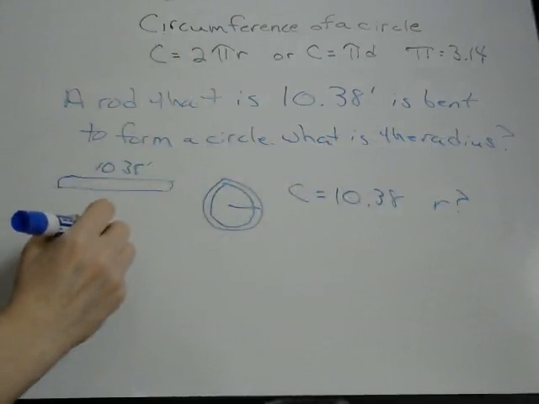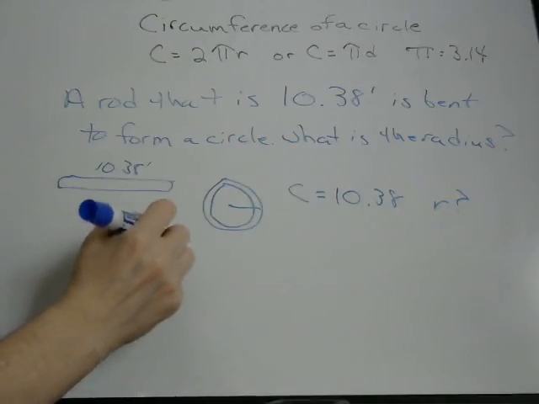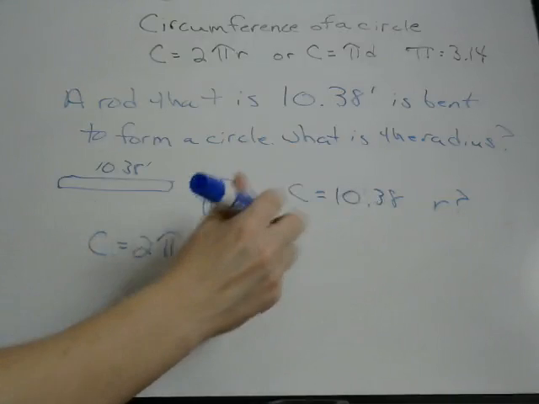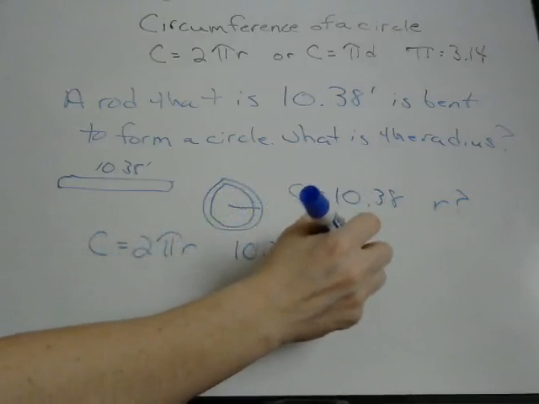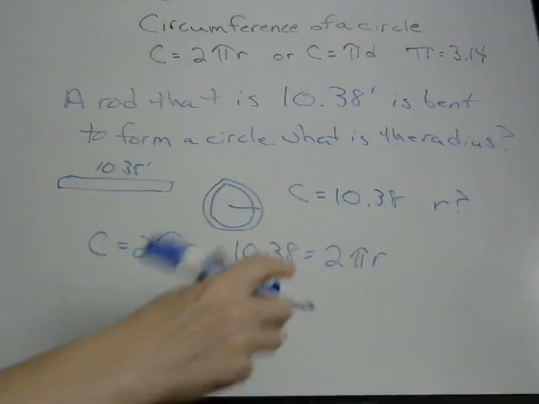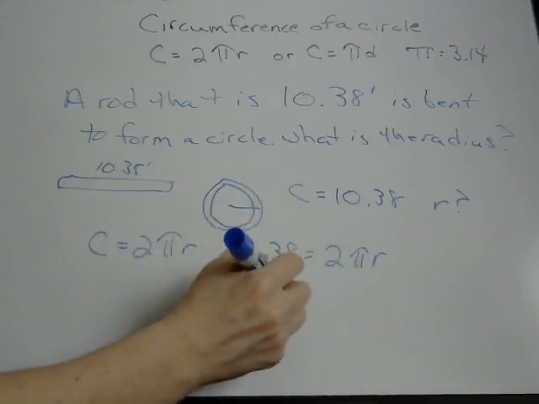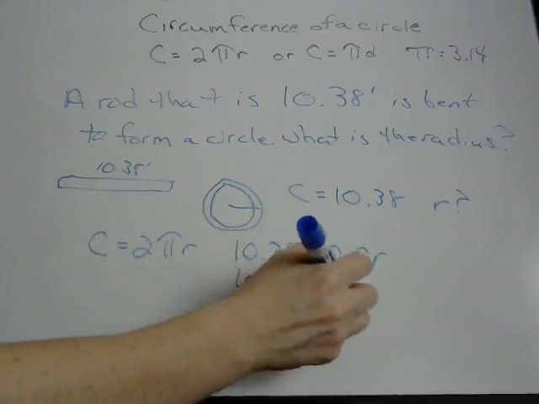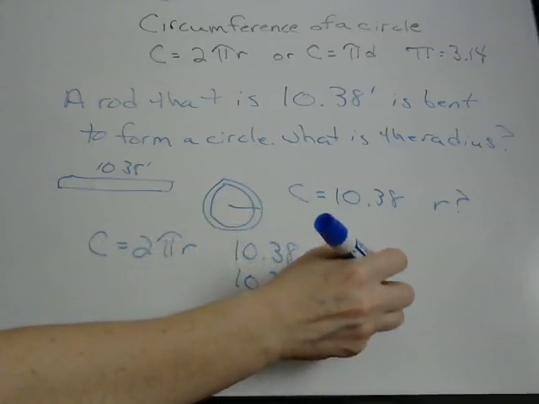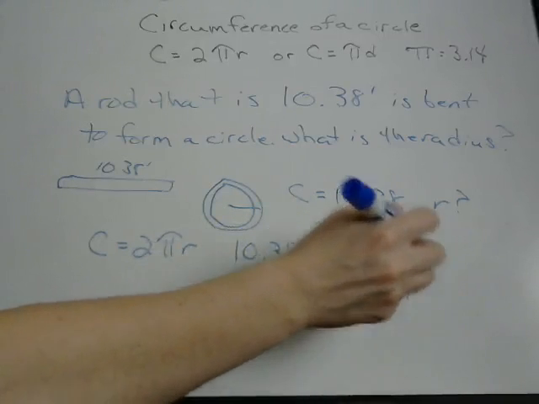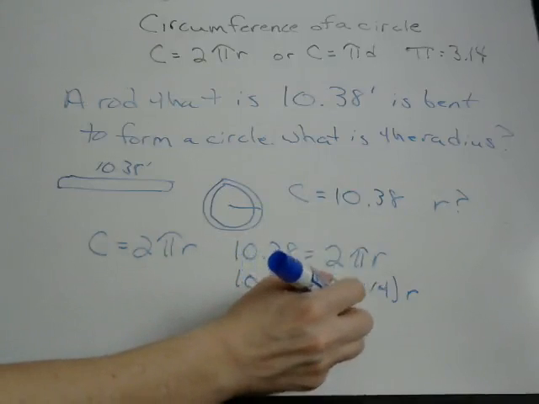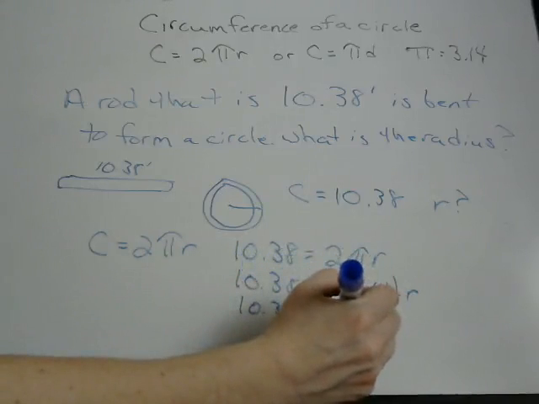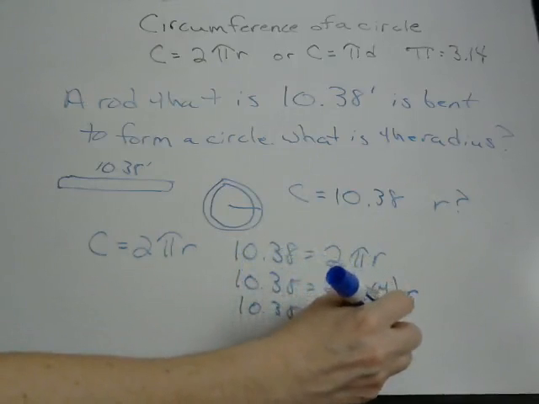So C equals 2 pi r. C is 10.38 equals 2 times pi times r. So 10.38, you plug in 3.14 for pi, you get your calculator out. 10.38 equals 2 times 3.14, which is 6.28, times r.